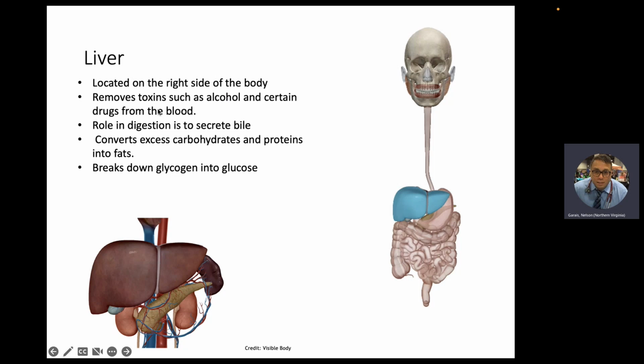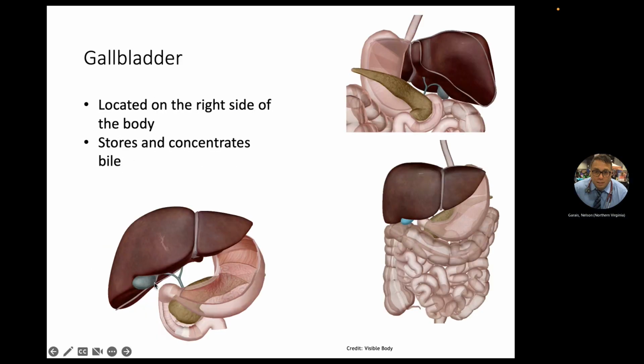And last but not least, of course, the liver removes toxins, and anything that you eat, any drug that you take, has to go through the liver. In your pharmacology classes, you'll learn that's called the first pass effect. The gallbladder is here, right underneath the liver. The liver is located in your right upper quadrant.